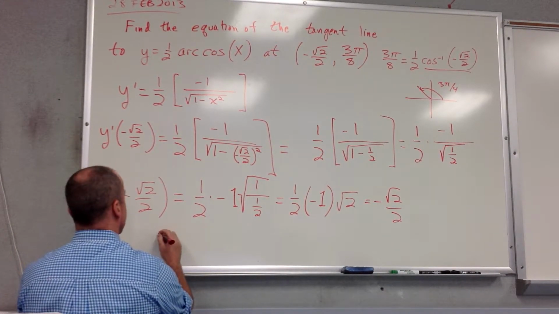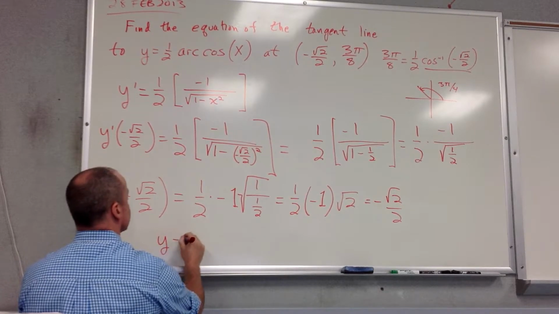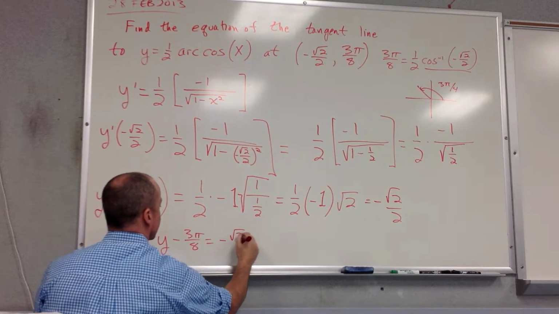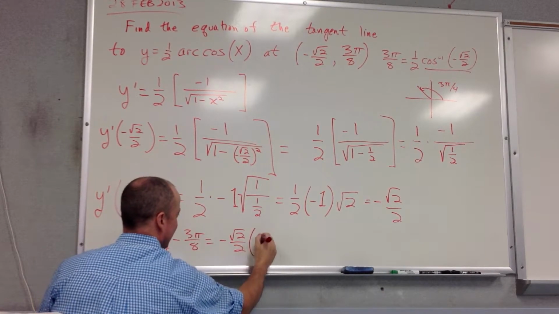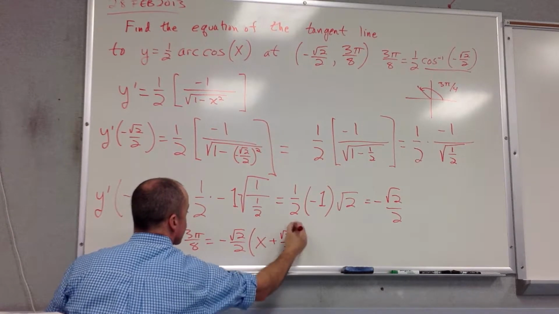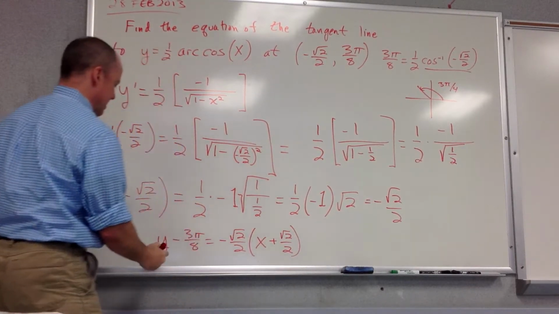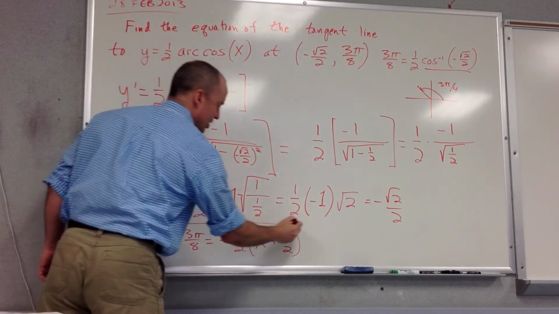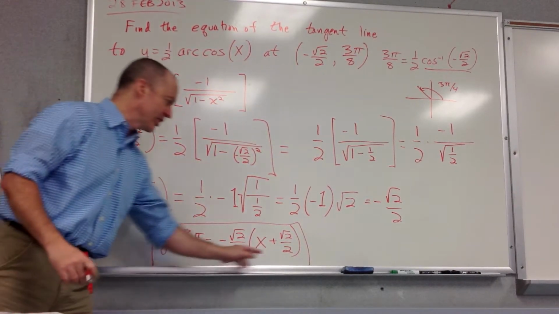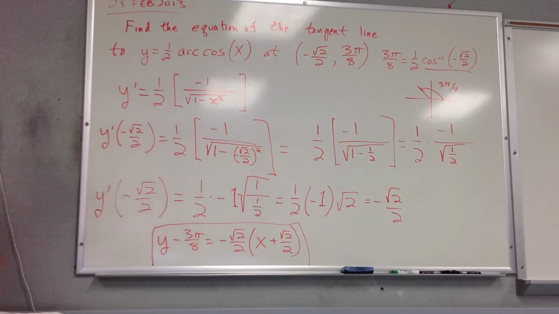So I would just say, y minus 3 pi over 8 equals -√2/2 times x plus √2/2. And if the AP exam is kind enough to give you your choices in point slope form, please expect all of these signs to be different, and maybe a 3 pi over 8 and a √2/2 to be switched. So be careful with the silly mistakes, because they're good at predicting them.